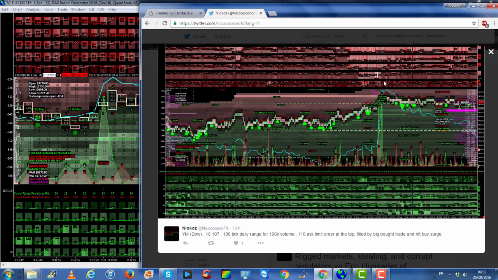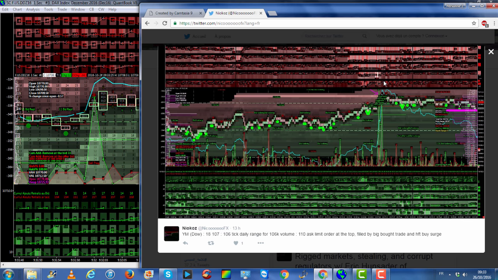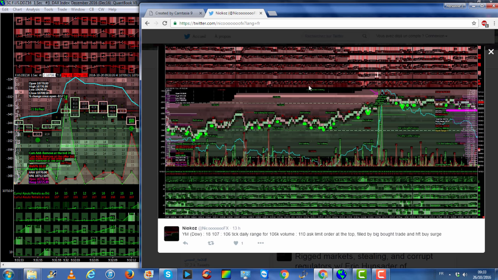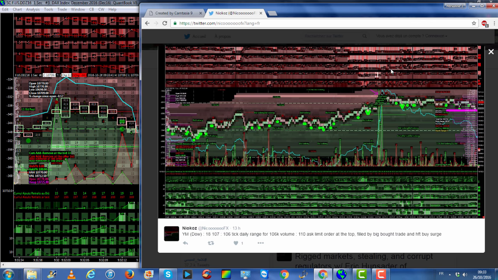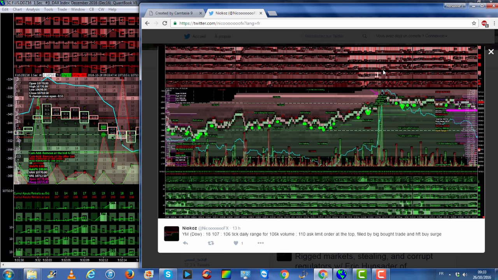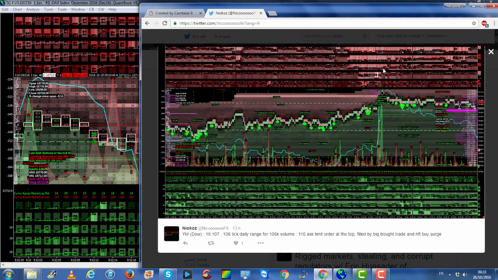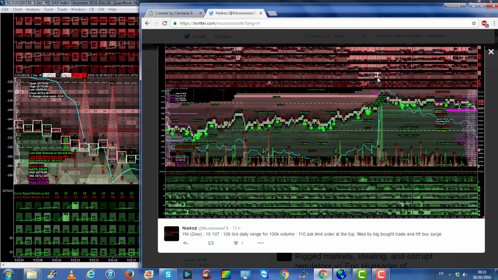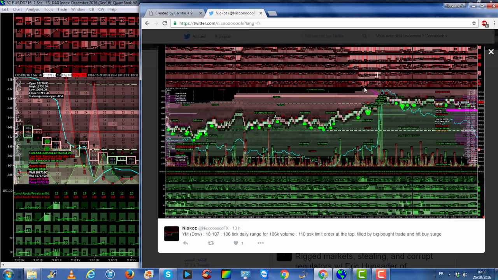On this big limit at the offer that you can see with this little pink arrow, this big limit at the offer of the order book, the size was approximately 50, 60 contracts and became 100 contracts at the top of the value.